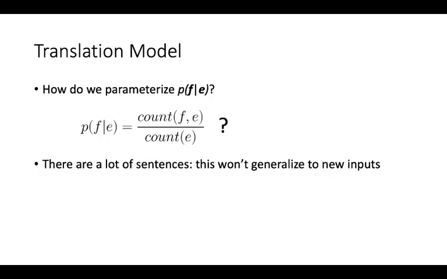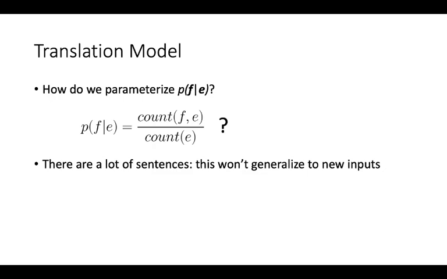So how can we parameterize the translation probability? The naive way is that we can estimate the translation probability by the frequency. We count how many times this F and E coexist in the parallel sentences. And then we count how many times this English sentence appears in the training corpus, and we divide these two numbers.